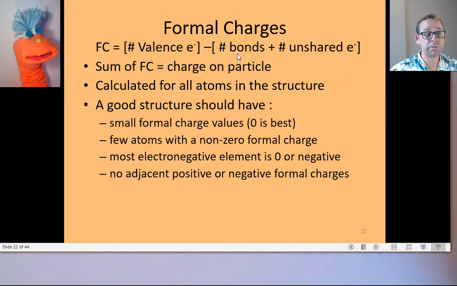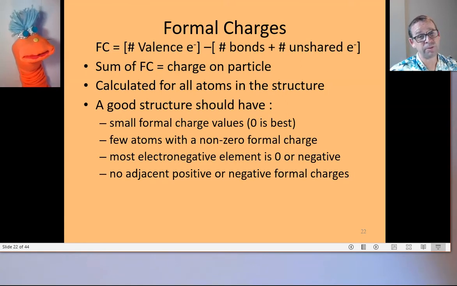So you can have a positive or a negative formal charge. A good structure should have 0 formal charge on all of the atoms. If you don't have 0 formal charge, then you probably have either the incorrect structure or an unstable structure. If it is correct, it's unstable, or possibly a reactive structure kind of thing.